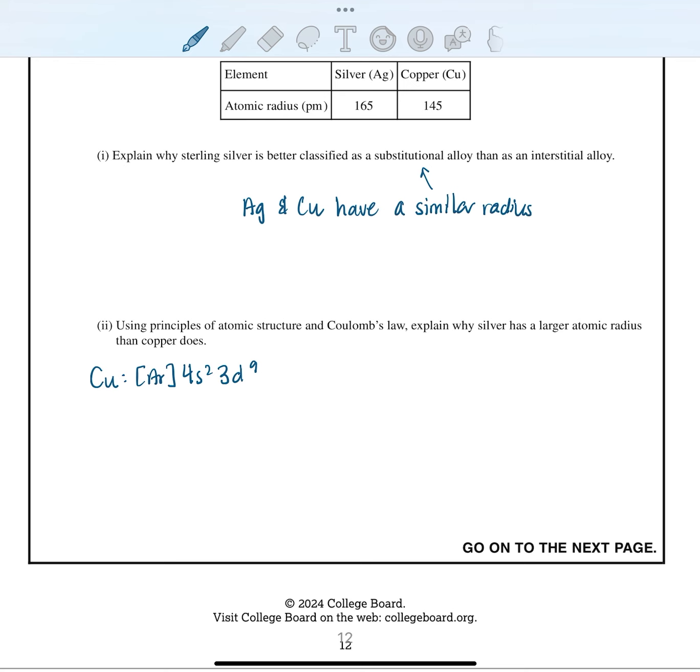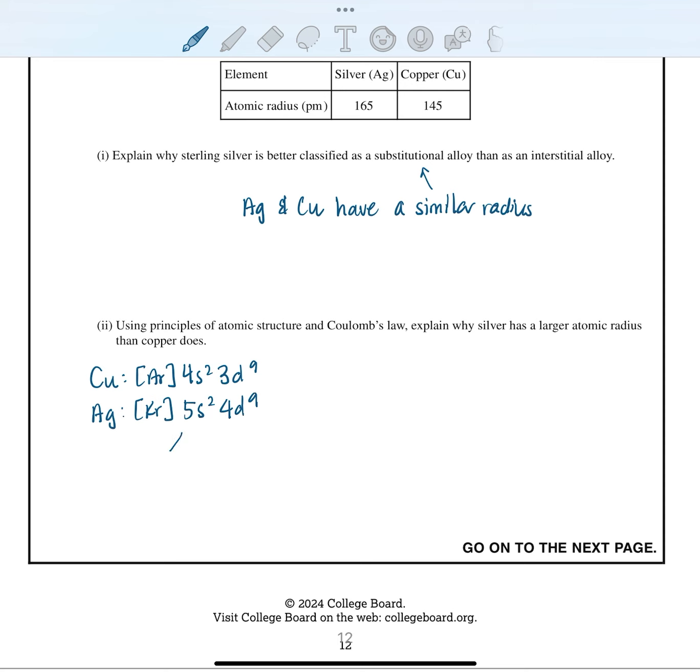And then for silver, it's going to be krypton. Krypton is the closest noble gas, and then it'll be 5s2 4d9. What I can see from these electron configurations is that silver has more orbitals.